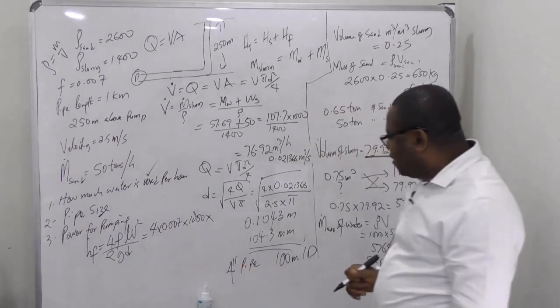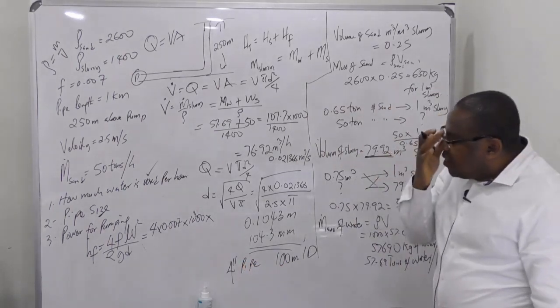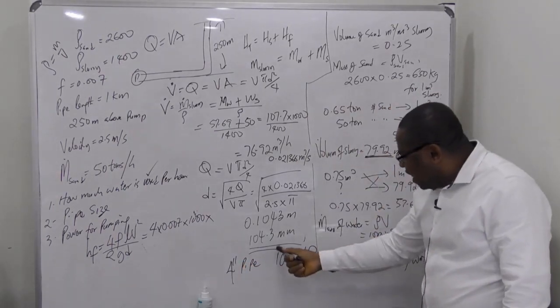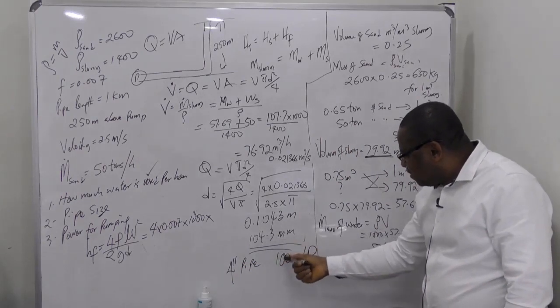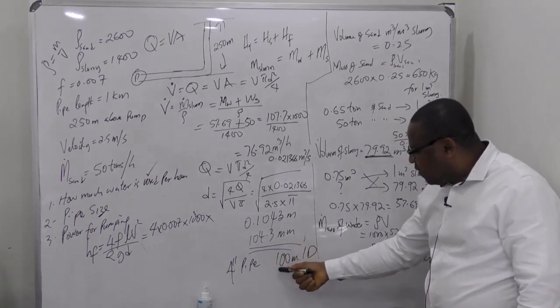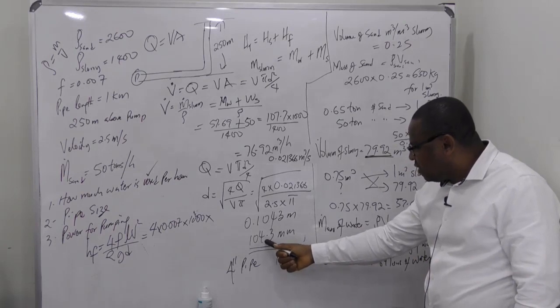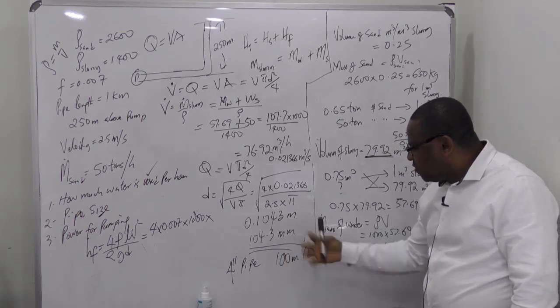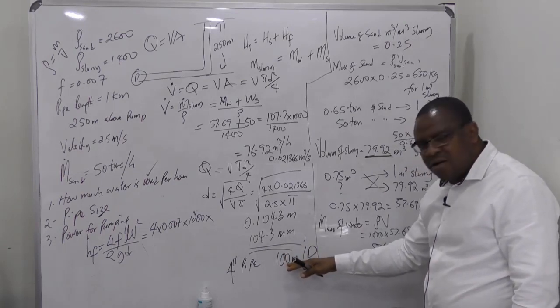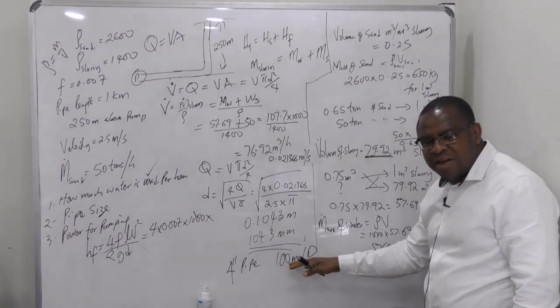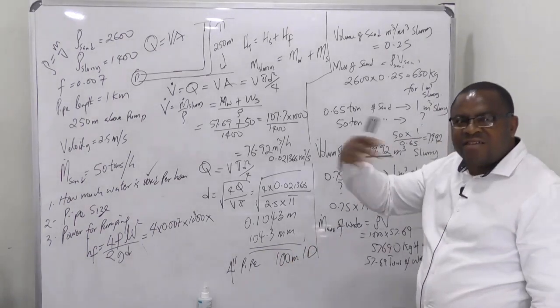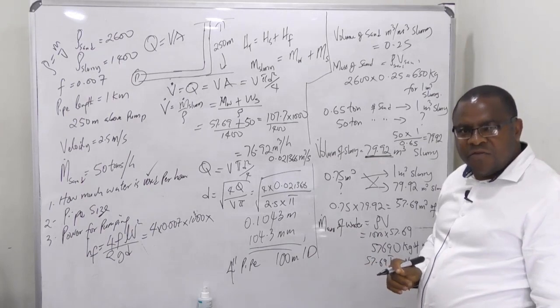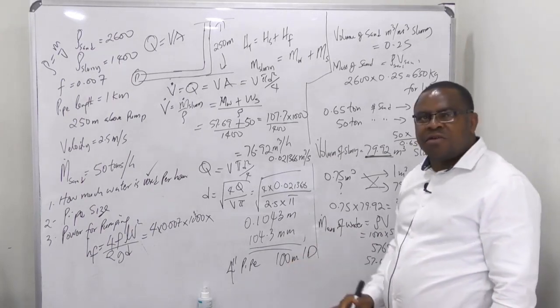Okay, but another thing again is when you get the size, you must walk back, because remember this is 104, right? I'm choosing 100 millimeter diameter. I need to walk back to see the exact velocity that this will flow with.